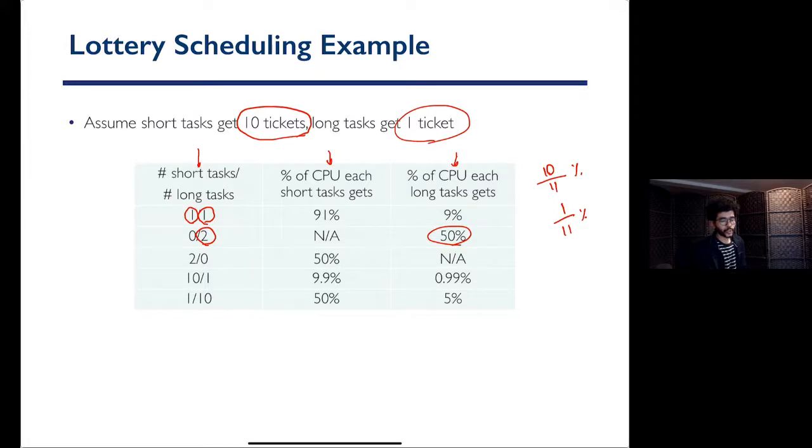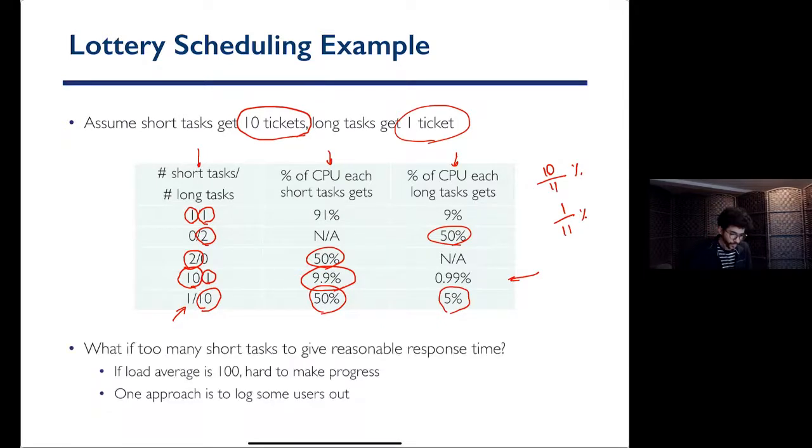If I have 2 short tasks, they're going to get 50% each because they have the same number of tickets. Now, if I have 10 short tasks and 1 long task, then the short tasks are going to compete. They're going to get 9.9% each, and the long task is going to get 0.99%. And if I have 10 long tasks and a single short task, the single short task is going to get 50%, and each one of those long tasks is going to get 5%.